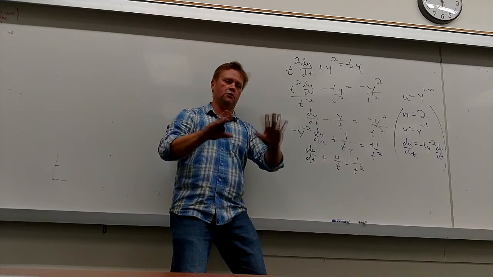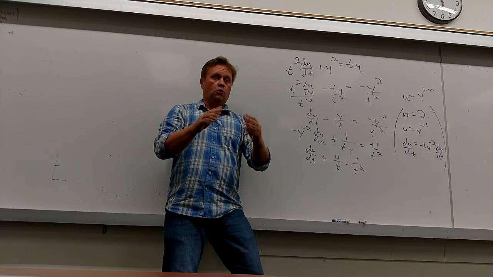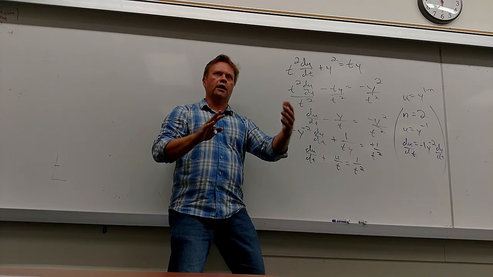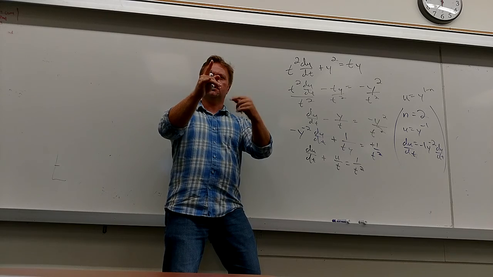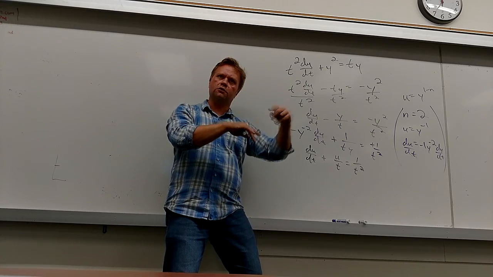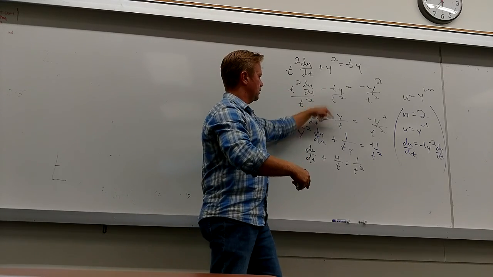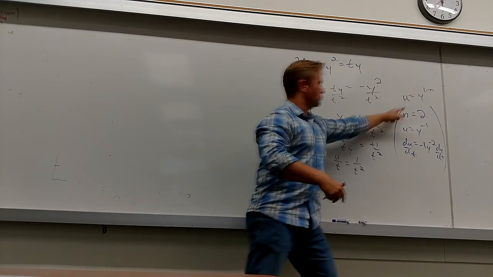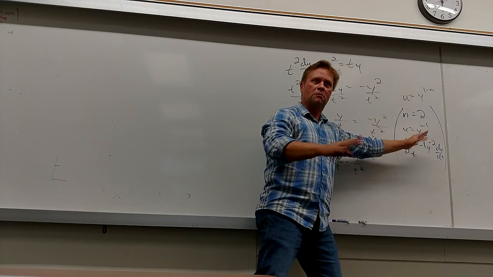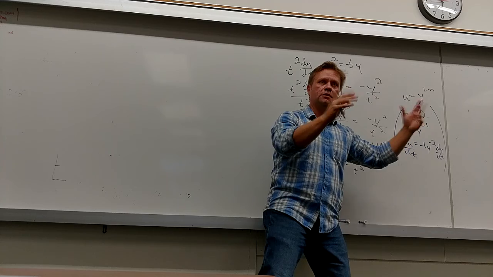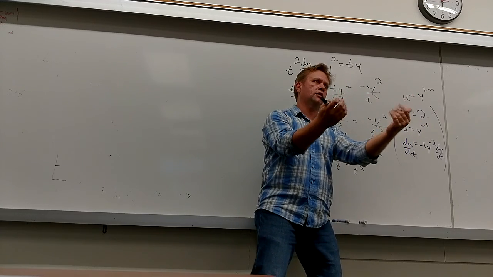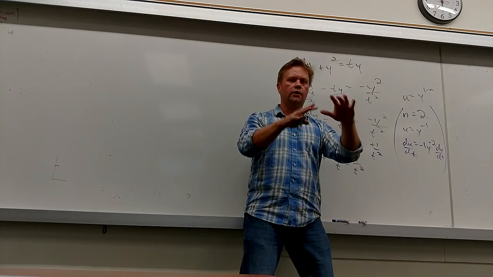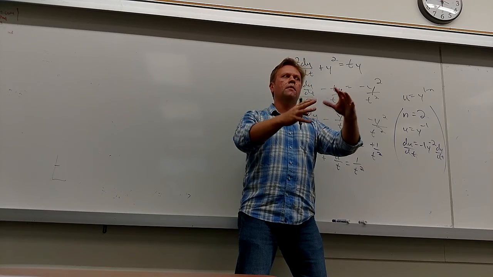This is the point where you got to go, well, they did this, but to me it makes more sense to do it this way. So you could change what you do here, which would change what you do here. But mathematically, it'd be the same stuff. You've got to make math your own thing.